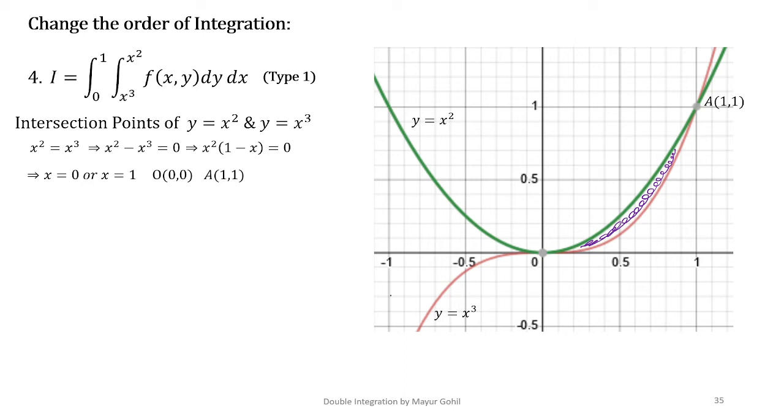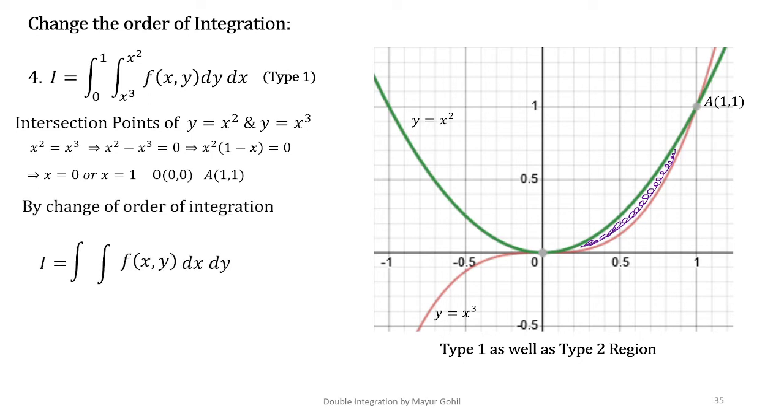Now we have to change the order of the integration. As you can see, it's obviously both a type 1 and type 2 region over here. So let us go for changing of the order. When I change the order, I'll have dx dy, which is the type 2 region. For that I pass a horizontal line across the region. You can see it is entering the green curve first, that is y equals x square, the parabola.